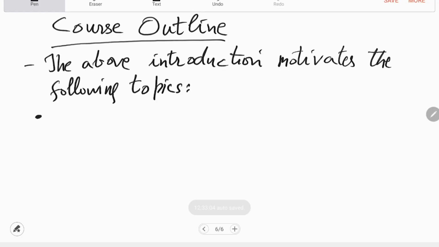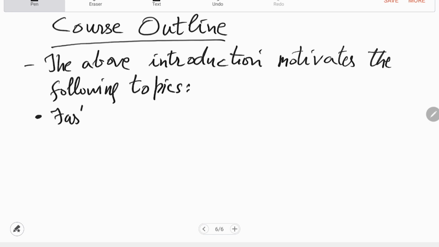In polynomials, again there are two major areas of study. We'll start with univariate polynomials. From integers we'll go to univariate polynomials, and from univariate polynomials we'll go to multivariate polynomials. As we do these transitions, we have to develop a lot of machinery. That is how the topics are arranged.